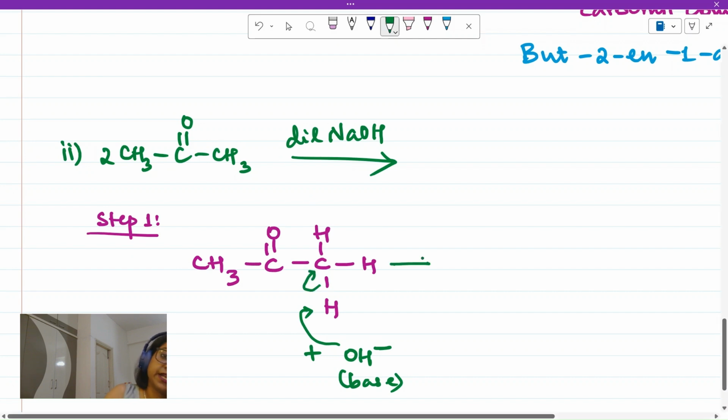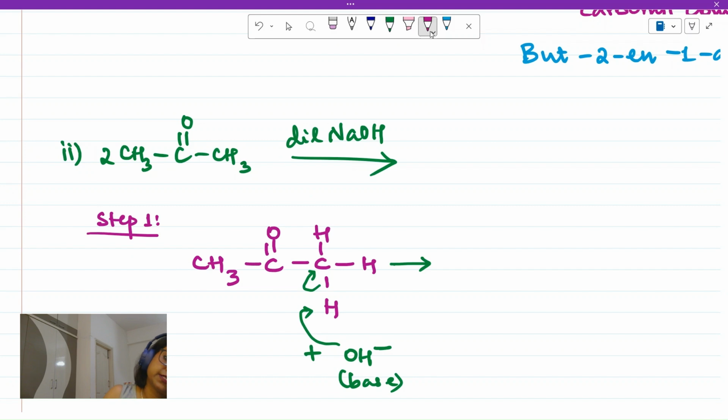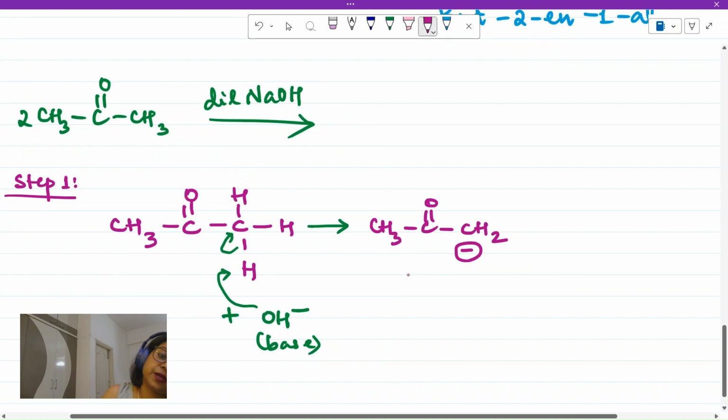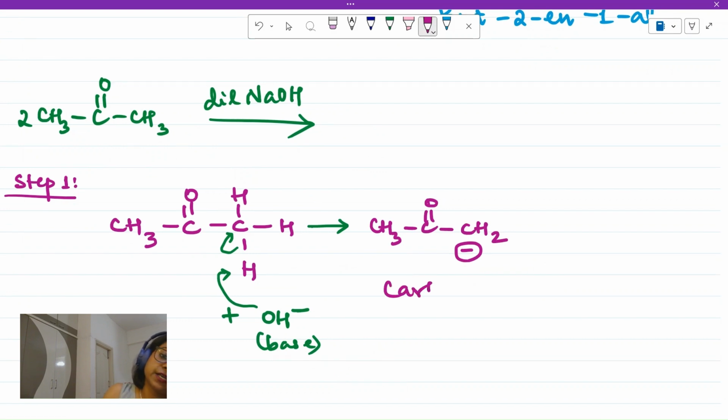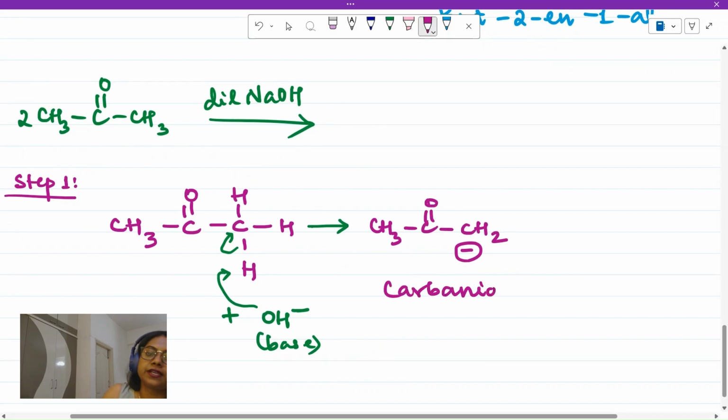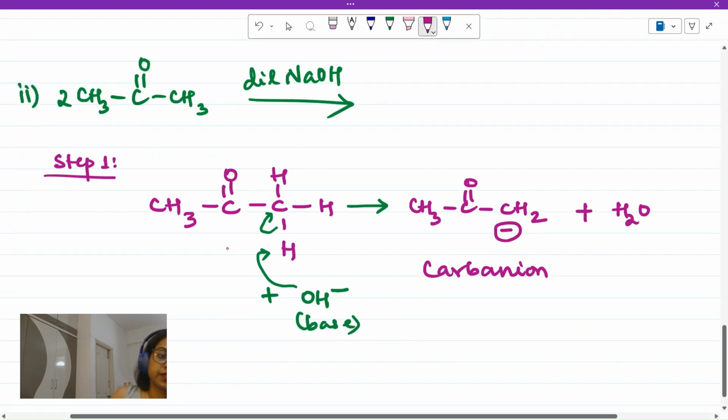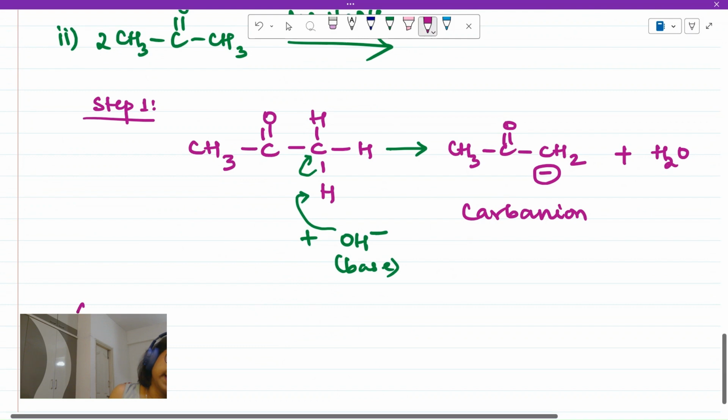So as a result, we get a carbanion, CH3, CO, and CH2 with a negative charge here, right? One of the hydrogens is lost, so you just have 2 hydrogens, CH2 negative. This is the carbanion produced as a result. Plus, what do you get? You get H2O in this step, from OH minus and H plus. This is clear? In the next step, any doubt?